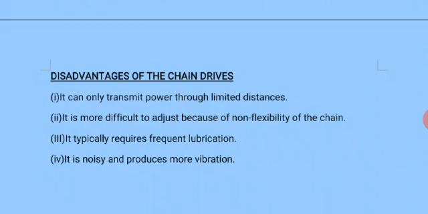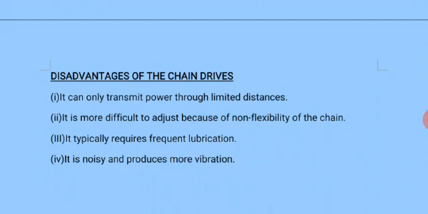Number 3, it typically requires frequent lubrication. Yes, because both the chain and the sprocket are made of metal, as a result of that, it requires lubrication separately, and that doesn't happen in the belt drive.